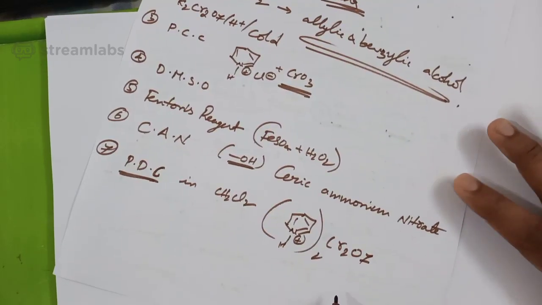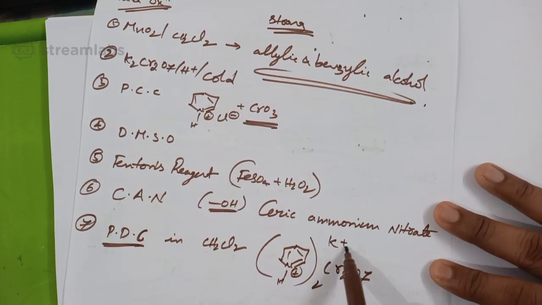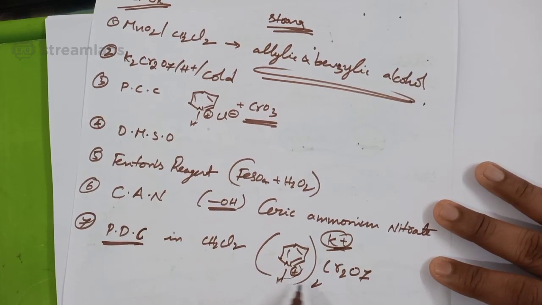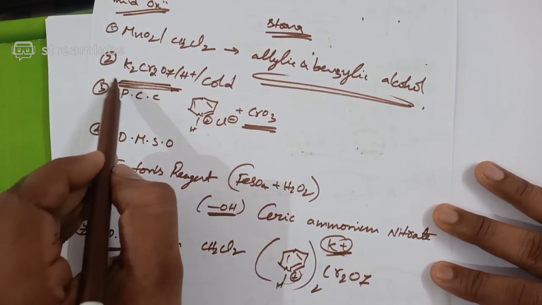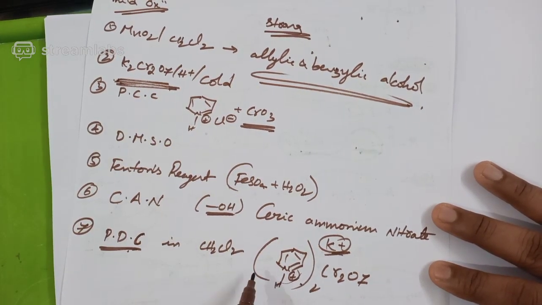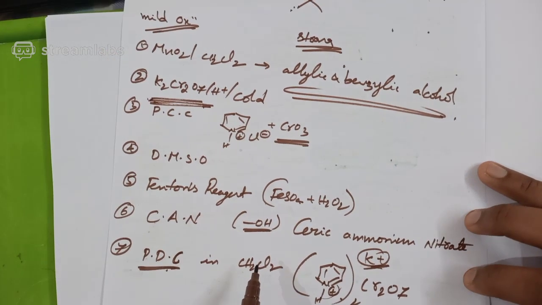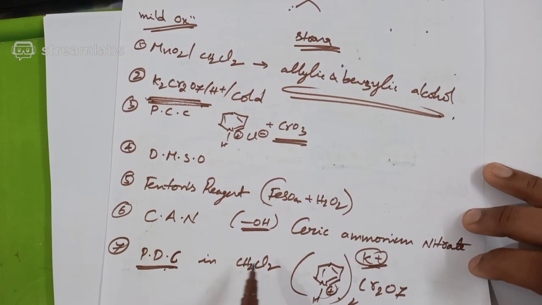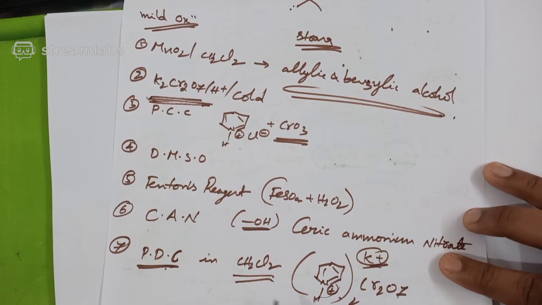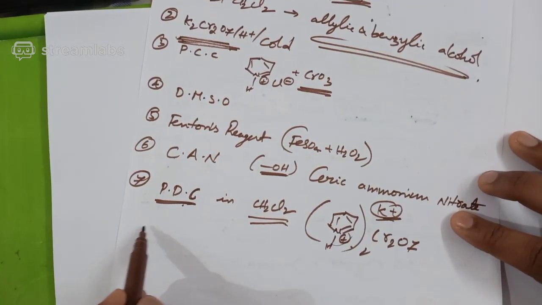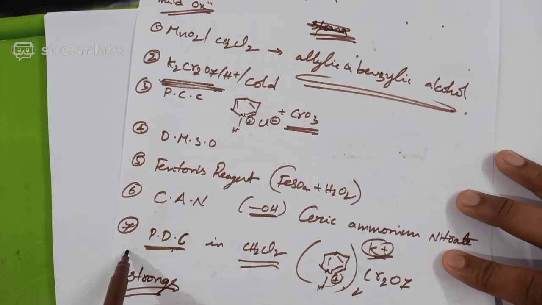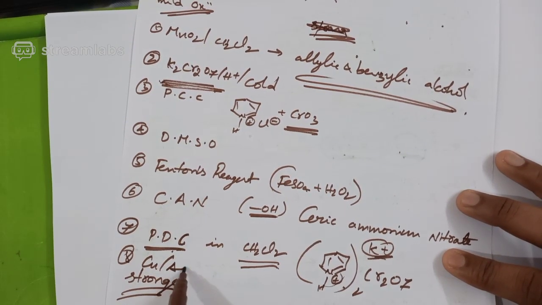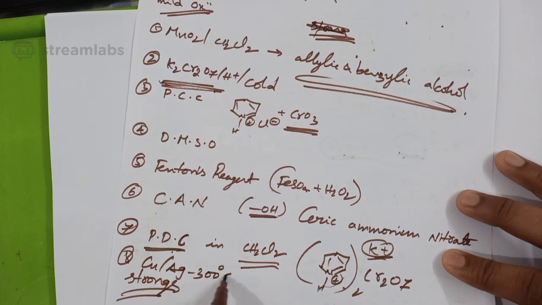It is the same as K2Cr2O7, but in place of K plus there is pyridinium; then it is called PDC. So PDC acts as a mild oxidizing agent in CH2Cl2. And among the strong oxidizing agents, one more is copper or silver at 300 degrees.